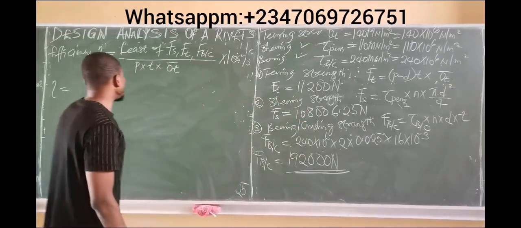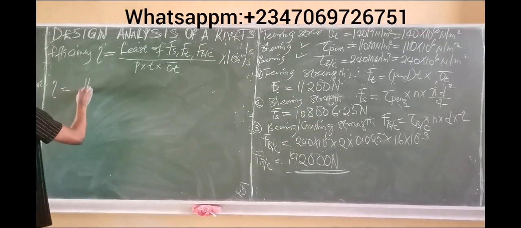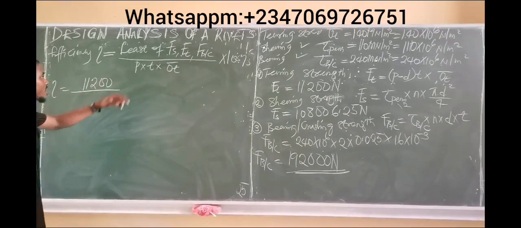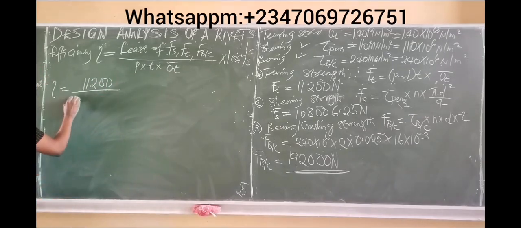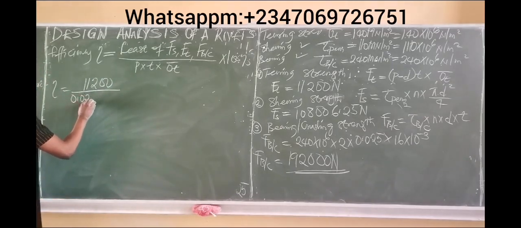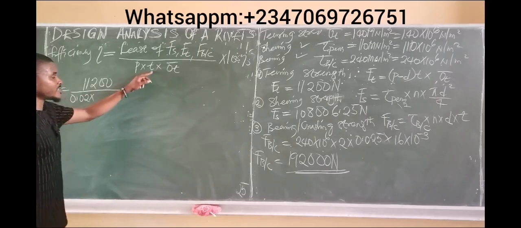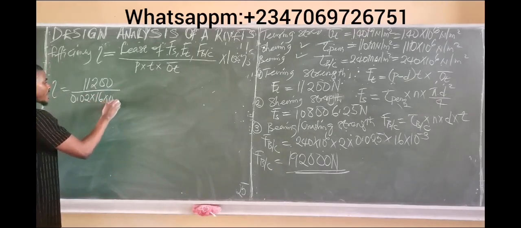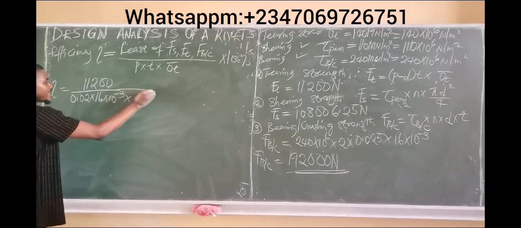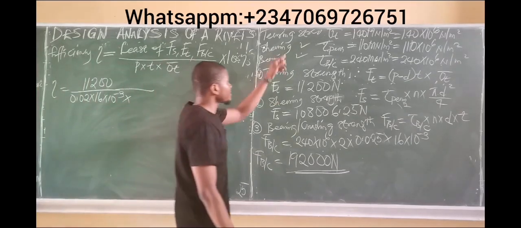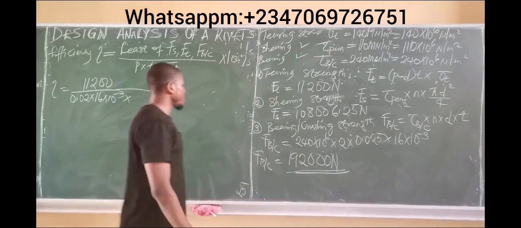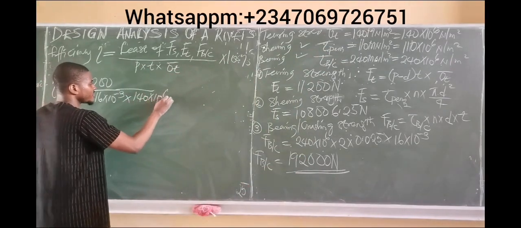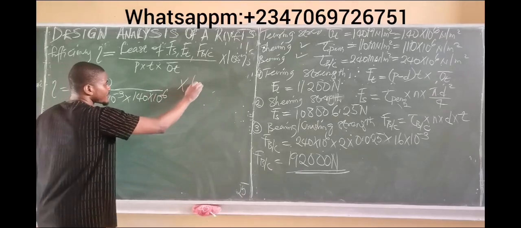So the efficiency is equal to 11,200 all over the pitch, which was given to us as 2 centimeter, which we converted to 0.02, multiplied by the thickness of the rivet, given as 16 millimeter, which is 16 by 10 to the power of minus 3, multiplied by the tearing stress, which was given as 140 meganewton. So multiply by 140 by 10 to the power of 6. The whole of this times 100%.